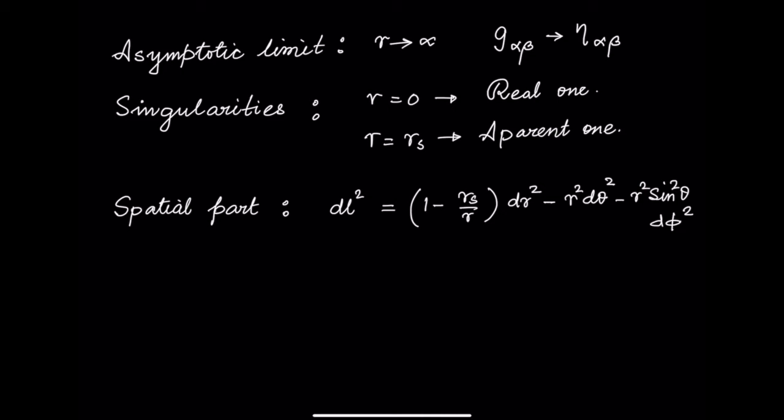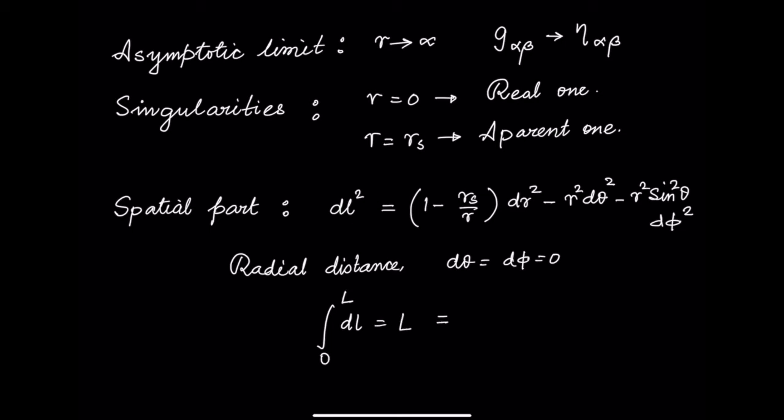But not quite so. You can see here, radial movement essentially means in this case d theta and d phi equal to 0. So the distance traveled dl, if I integrate it from 0 to R, that is nothing but the distance traveled. Let's call this L0.